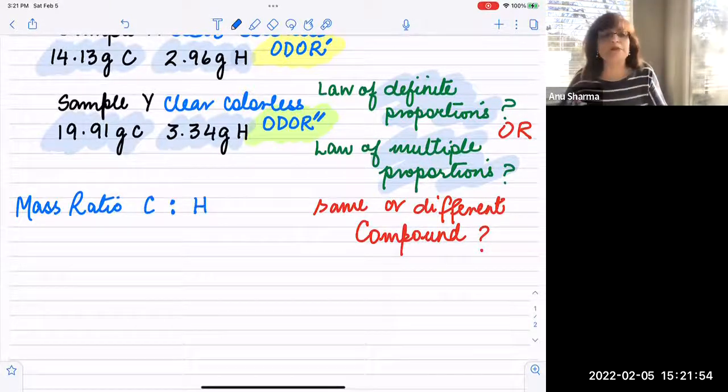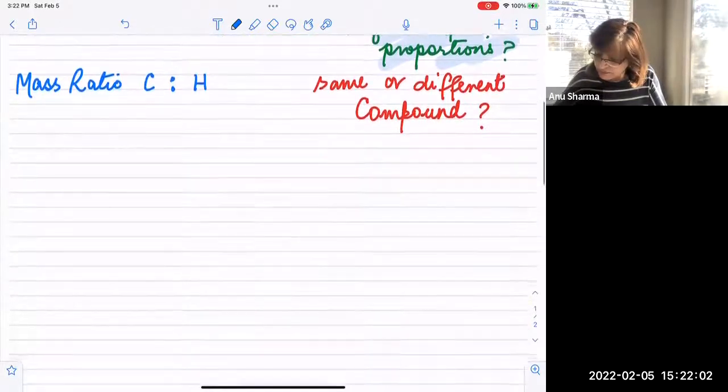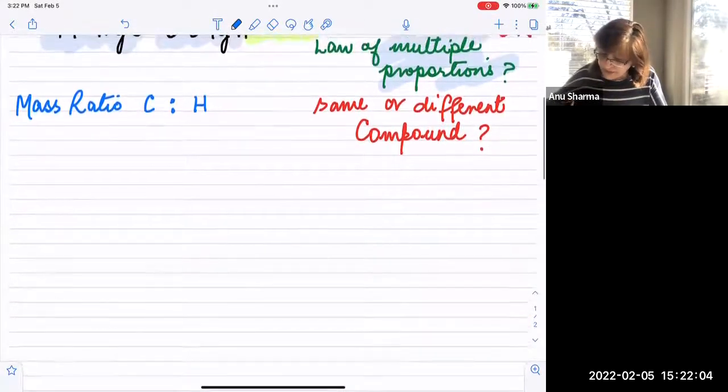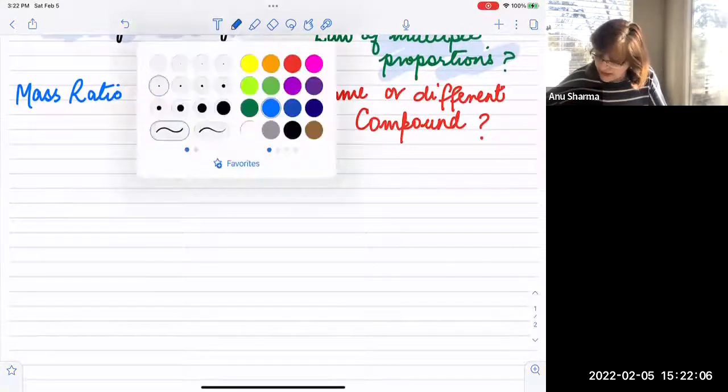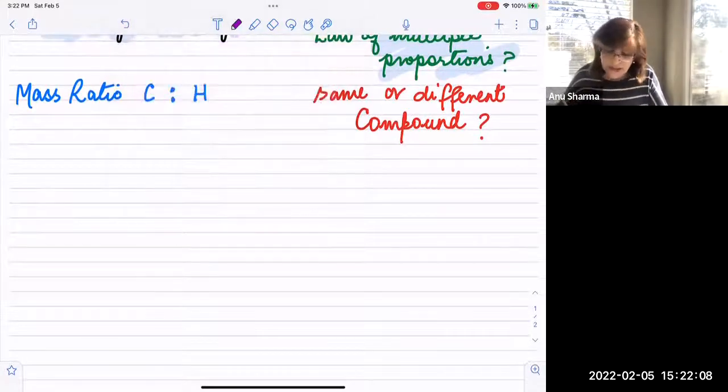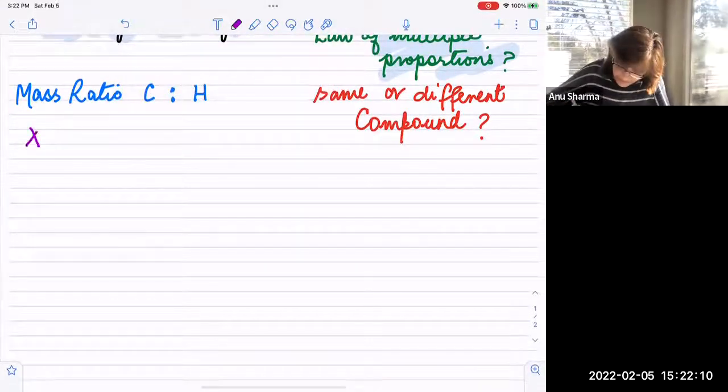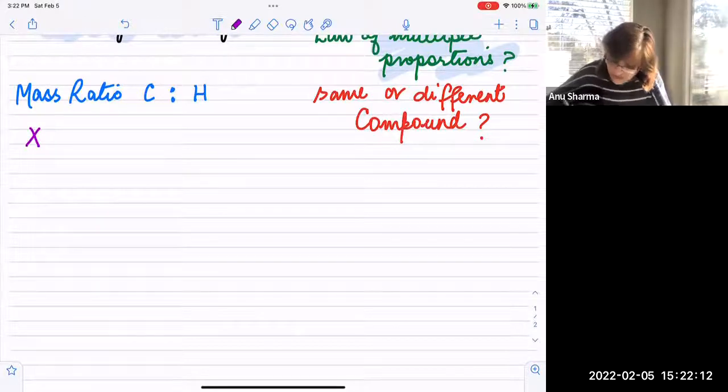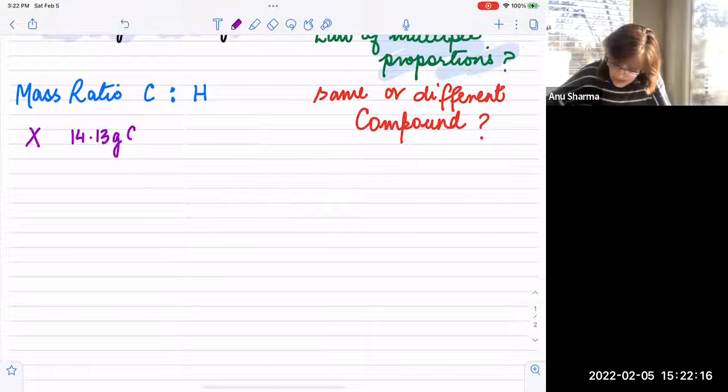Okay, and there is a little misprint in this book. It's actually hydrogen and not oxygen, because the question relates to hydrogen. It looks like a typing error. So anyway, here we have the ratio in X. We are given 14.13 grams of carbon, and we are given 2.96 grams of hydrogen.